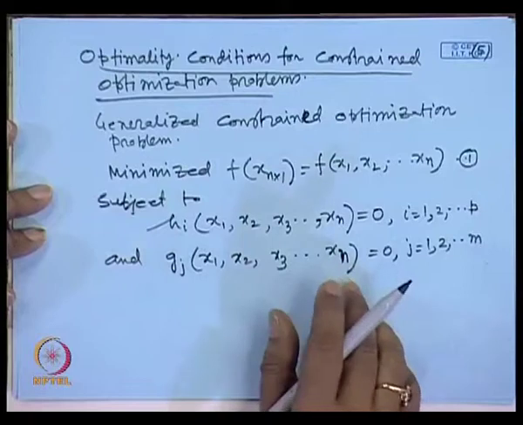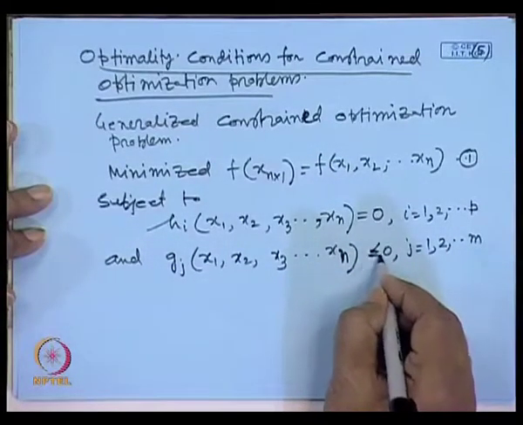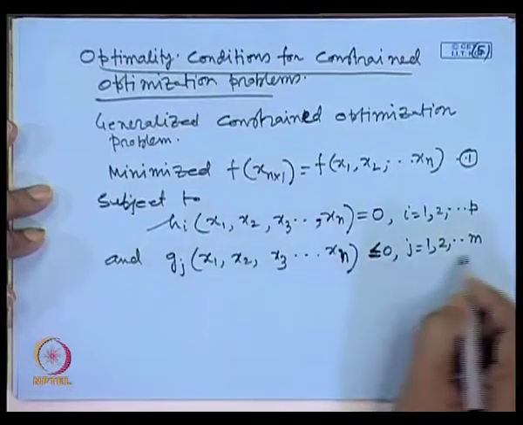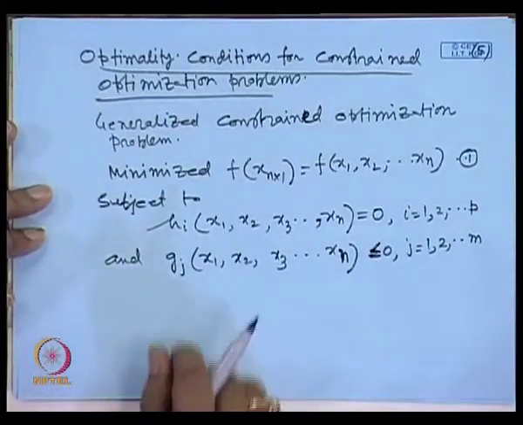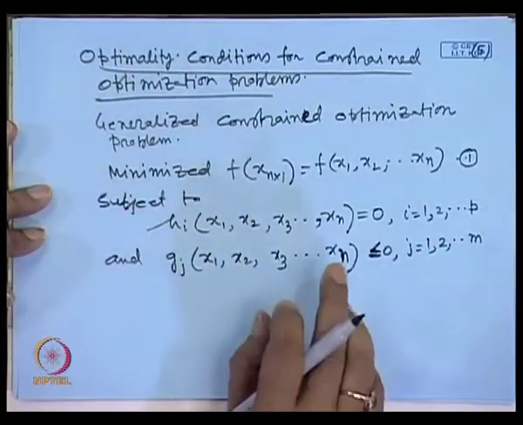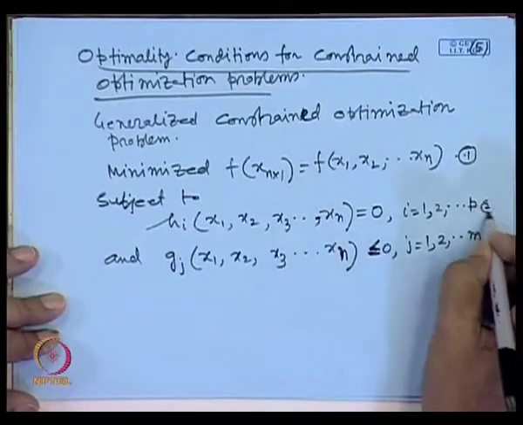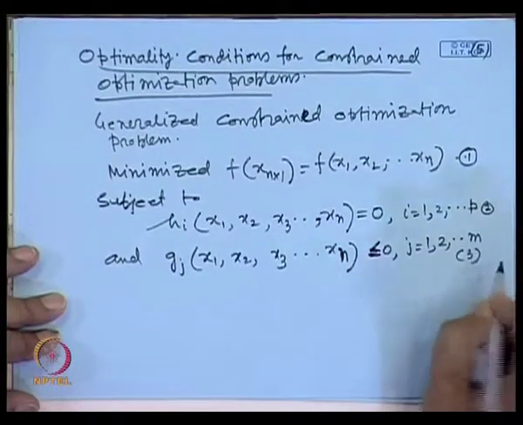So we have m inequality constraints. Our problem is to minimize this function subject to these constraints. Agree? This is equation number 2 and this is equation number 3.